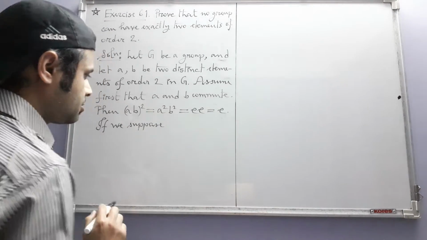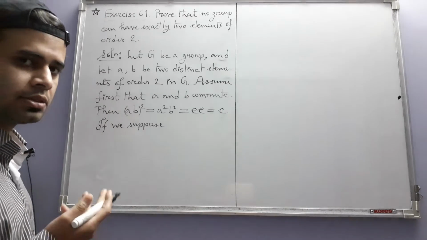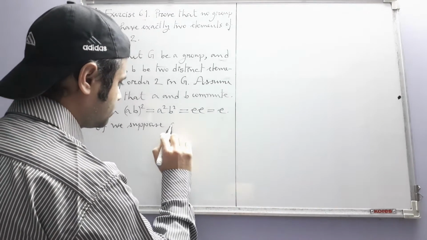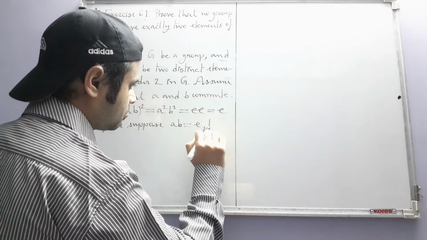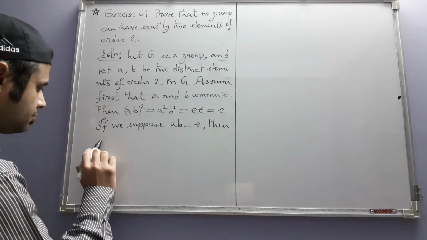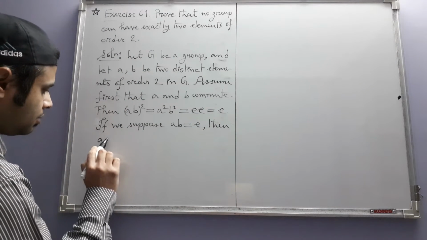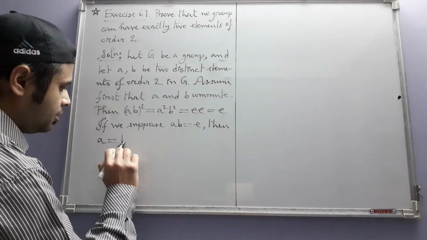Now, if we suppose that the order of AB is 1, that is, if we suppose AB is the identity element, then A is equal to B inverse.